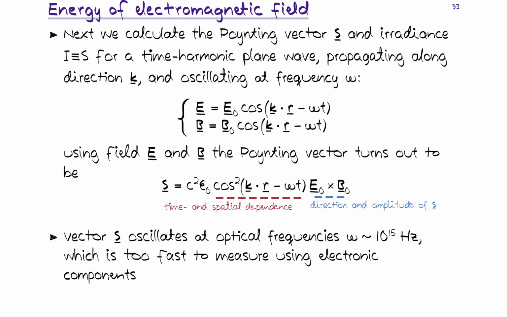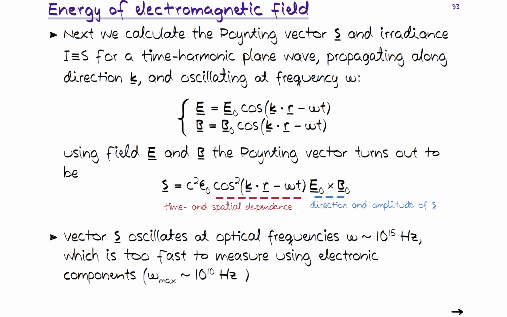If we tried to use any normal electronic components to measure these oscillation cycles, we would not be able to. In fact, the fastest oscillations we can measure with electronics are of the order of 10 to the power of 10 hertz. So the oscillation frequencies of the Poynting vector, and oscillation cycles of light in general, are too fast to be measured using electronics.